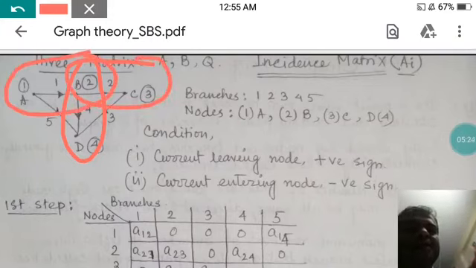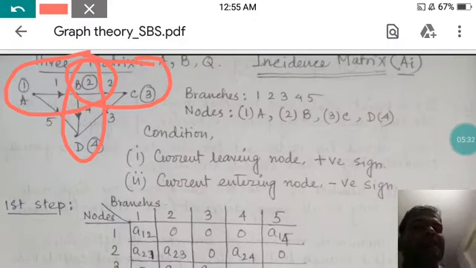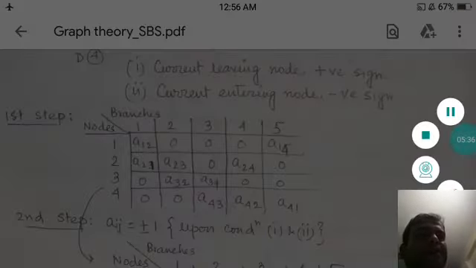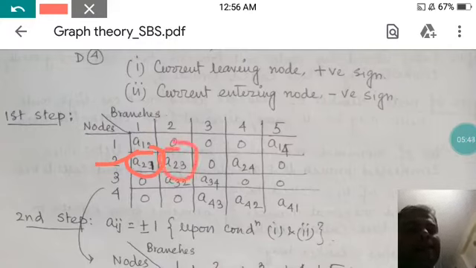So 3 relations are there, and you have 3 coefficients: A21, A24, A23. I have written that entire thing with respect to 2: 21, 23 and 24.